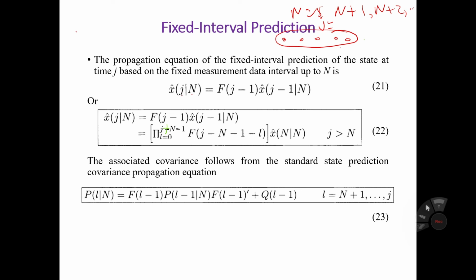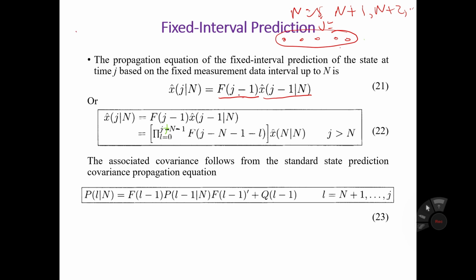So now x of j given n means the prediction of scan number 6, given n, equals F of j minus 1 and x of j minus 1 given n.